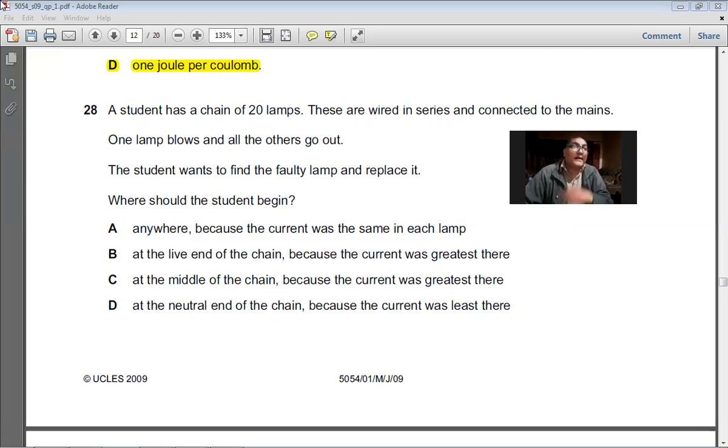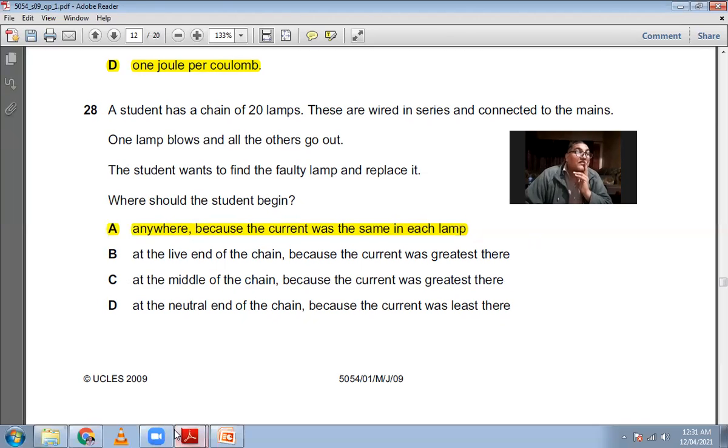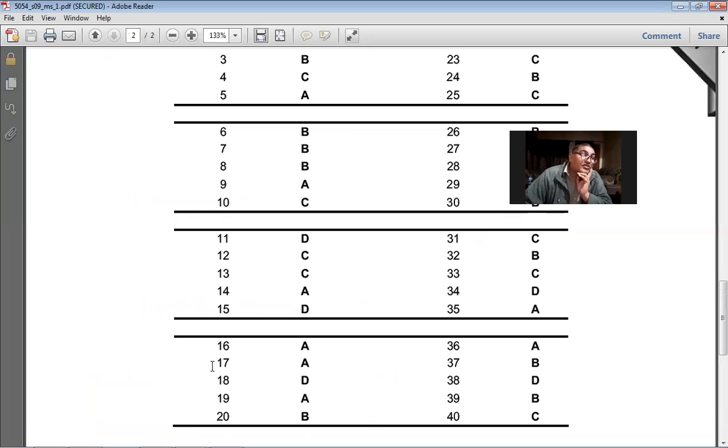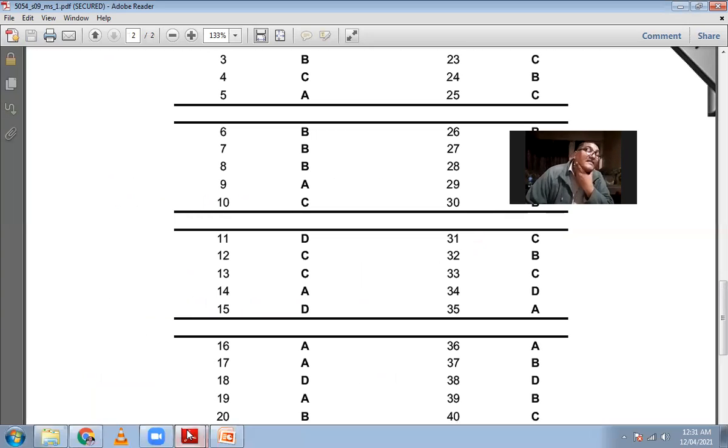So the student wants to find the faulty lamp and replace it. Where should the student begin? I think A is the right option, sir. Anywhere, because the current was the same in each lamp. Question number 28, A is the right option.